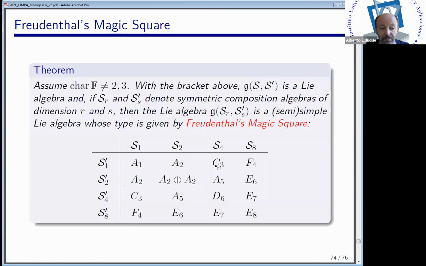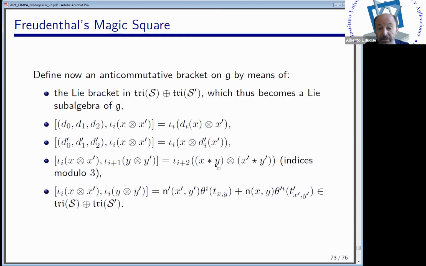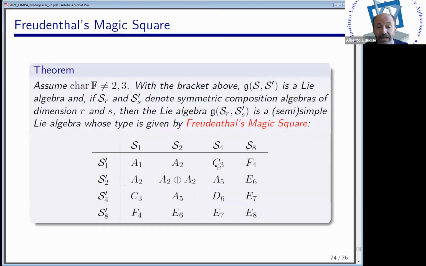One defines the product in this way, the Lie bracket, and the kind of algebras that appear are always simple or almost simple, and we get all the exceptional simple Lie algebras, with the exception of G2, as well as classical simple Lie algebras, the F4, E6, E7, and E8. So in a unified way, we define all these exceptional simple Lie algebras.